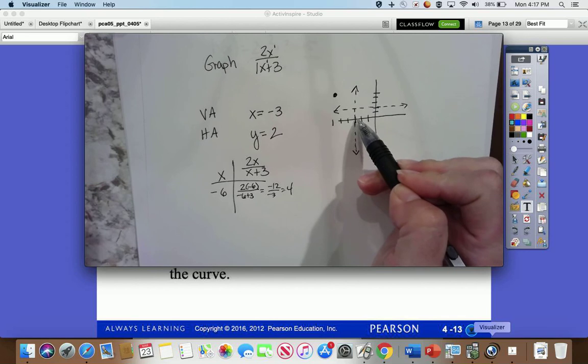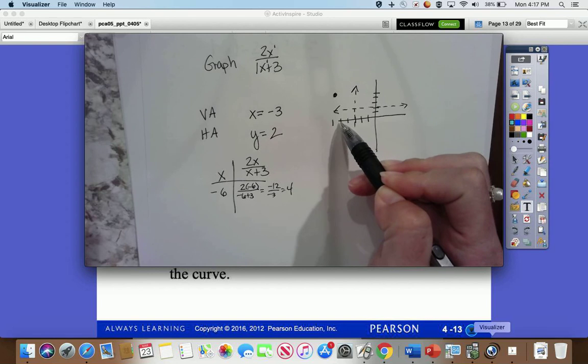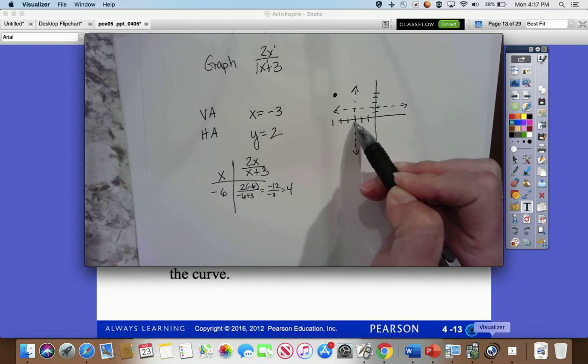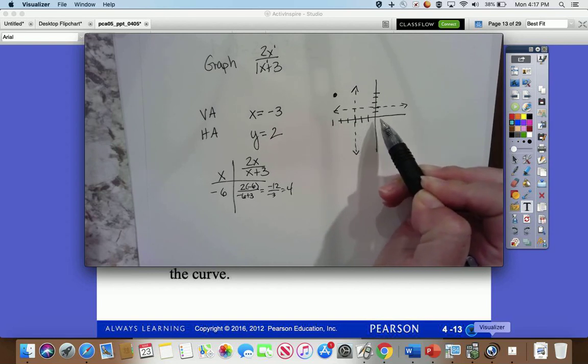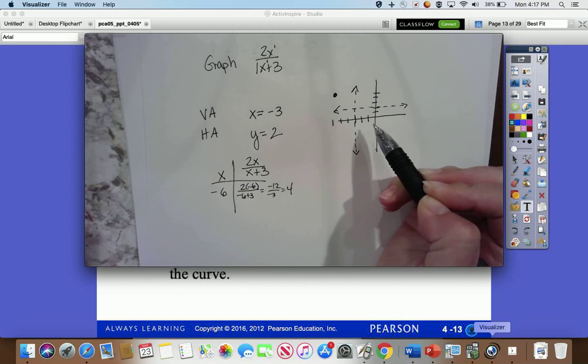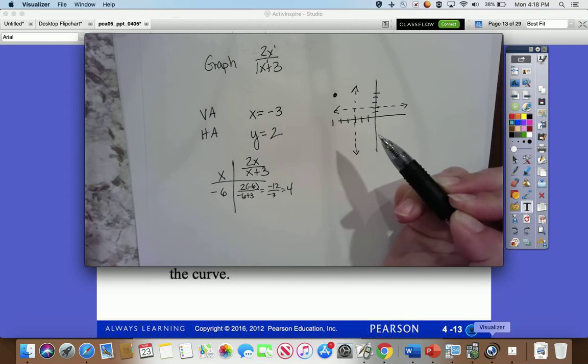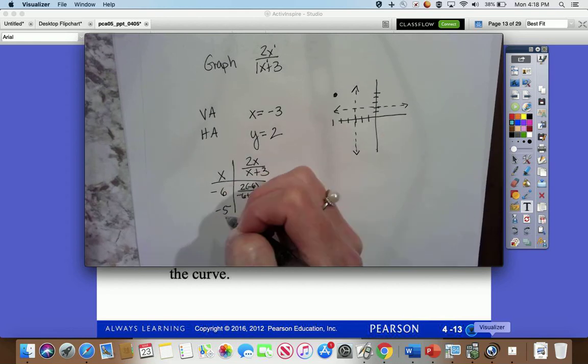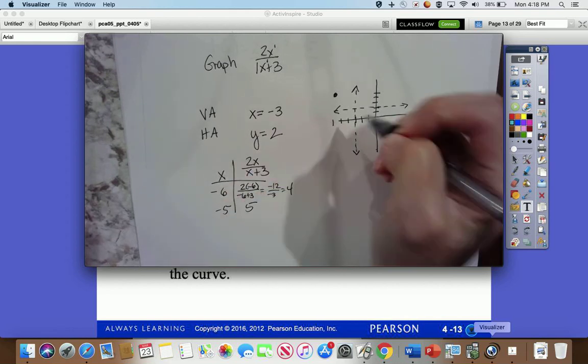You would probably start with values of x that are close to the vertical asymptote. So like -4, -5, -6, and then -2, -1, 0. Those are the kind that I might pick. But then I look at, say, -5, and that gives me a 5.